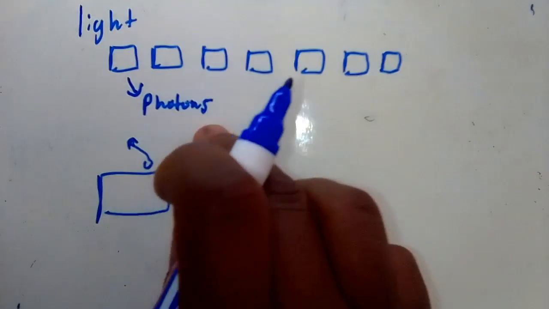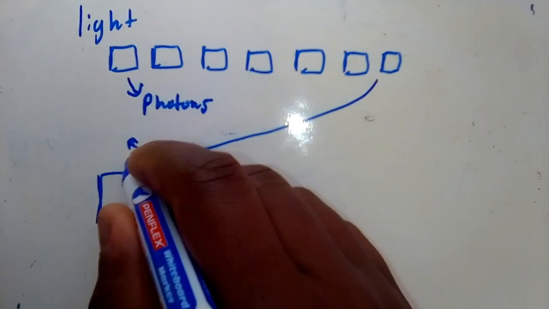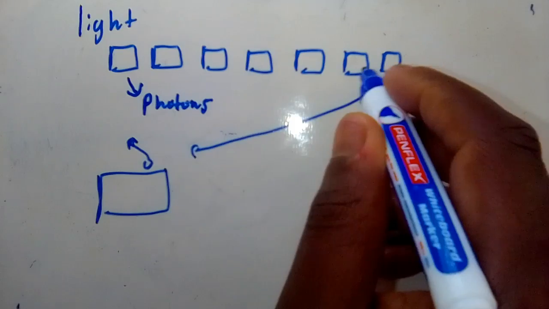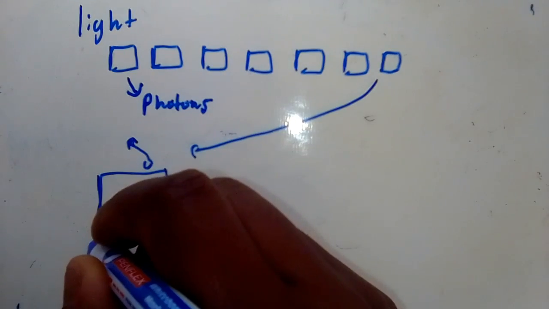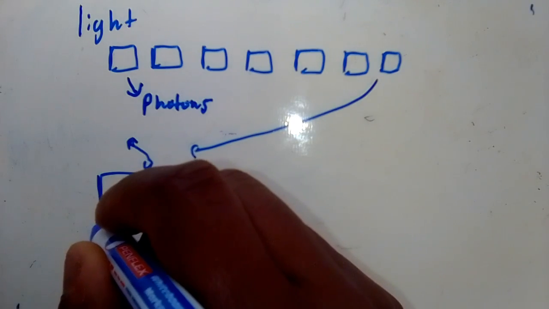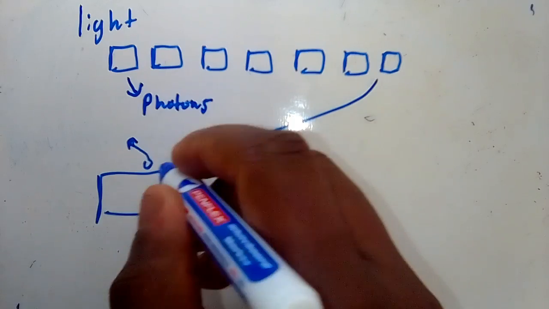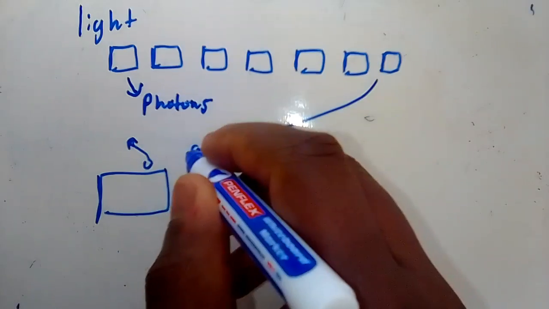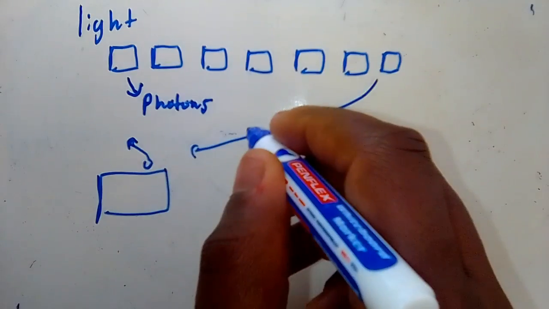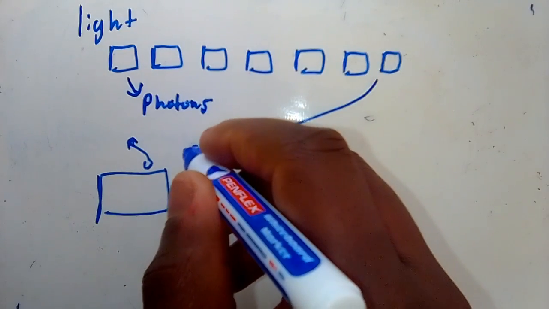In general, this is what I want you to understand. One photon will remove one electron. Two photons will remove two electrons. This is important because they can actually ask you about the number of photons of light. The number of photons is the same as the number of electrons, because one photon removes one electron, two photons remove two electrons, and so on.